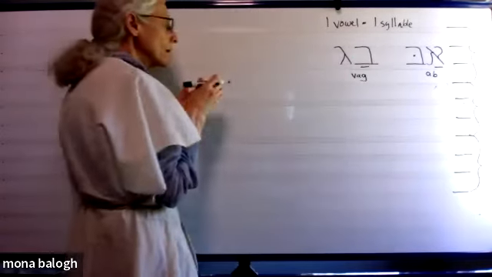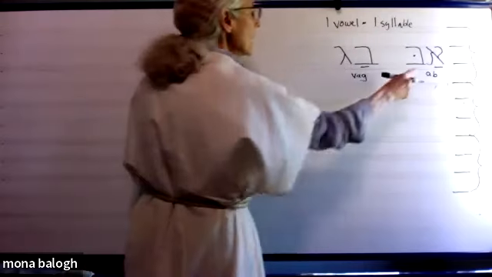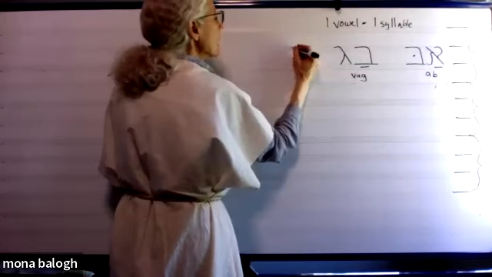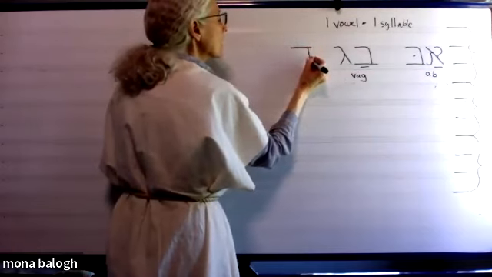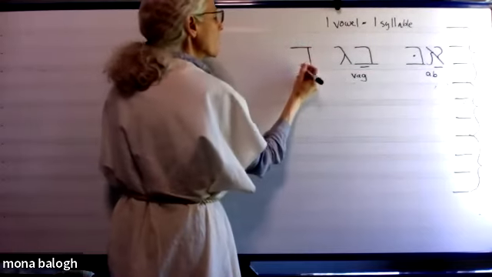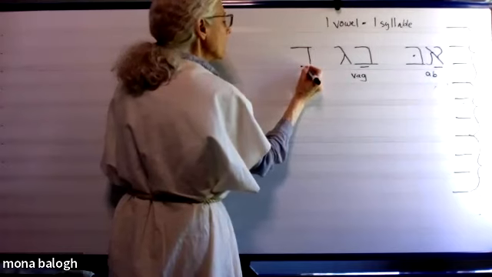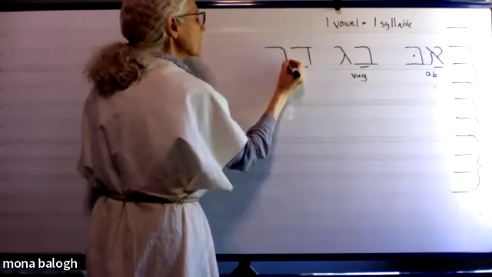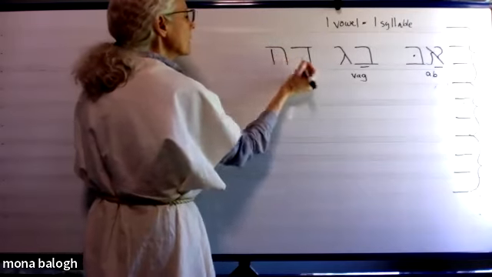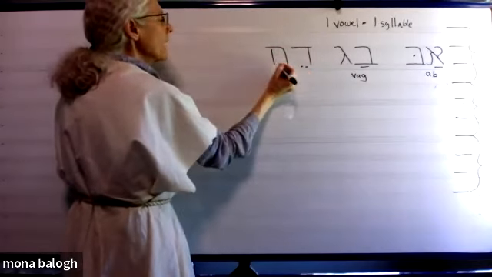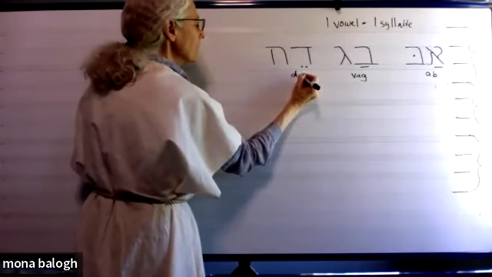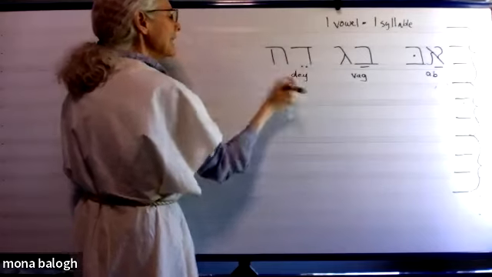A syllable is just one sound cluster. Ab, vag. Keep going. Dalet, let's do a sere, and a hey, the next letter. Dalet, sere, hey is day. Remember, that's sere, a, day.